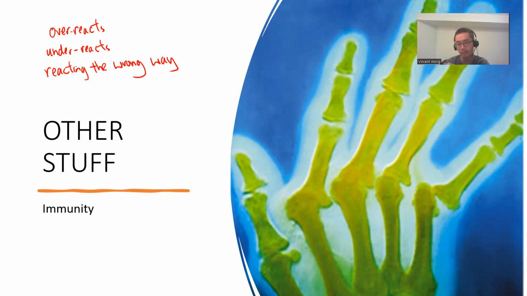That's the kind of arthritis that most people have heard of. This one is rheumatoid arthritis, which is when your immune system attacks the connecting tissue in the joints, and it causes them to be deformed, and as you can tell, it is very painful. So that would be like reacting the wrong way.